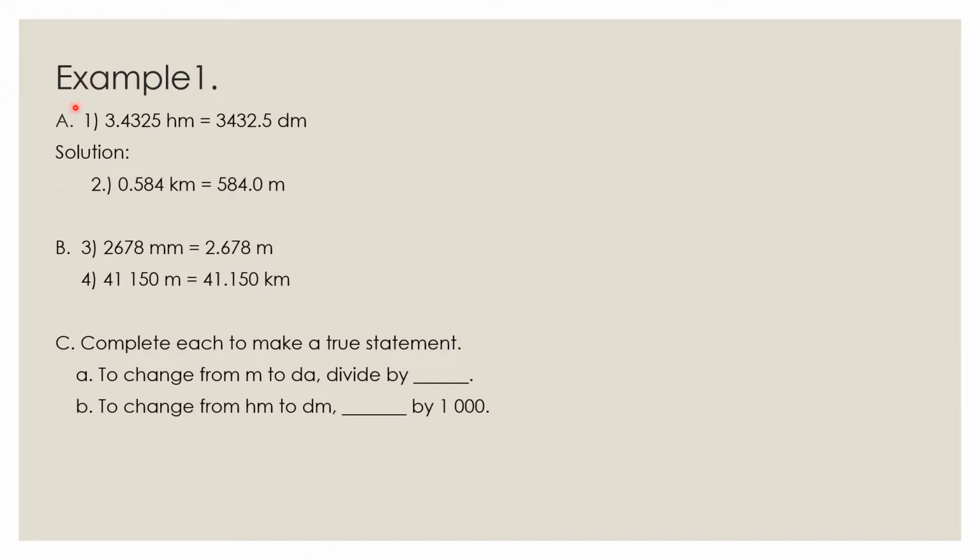For example, we have 3.4325. Okay, so let's write again the metric converter. Remember what our metric converter says. So from here, we will use this one. Let's erase this in the middle. The center of this is meter.